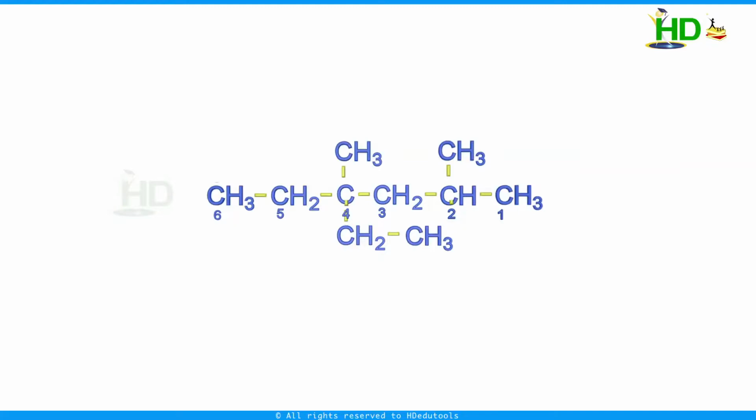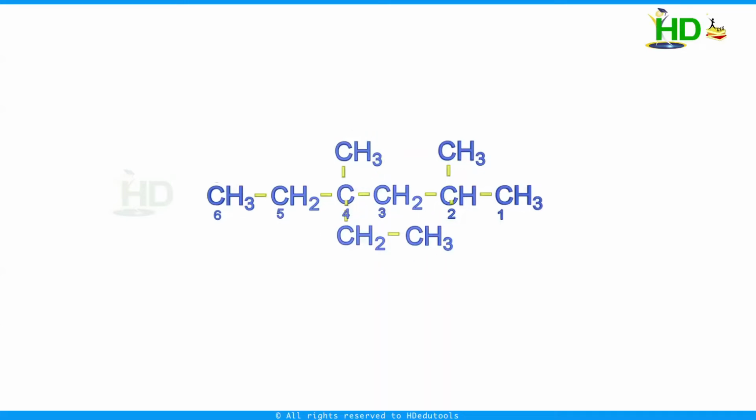If you number it from left to right, on the third position and fifth position, we are getting side chains. Which do we have to select? Yes, right to left. At the second position, one methyl group is there. On the fourth position, one methyl group and one ethyl group are there.